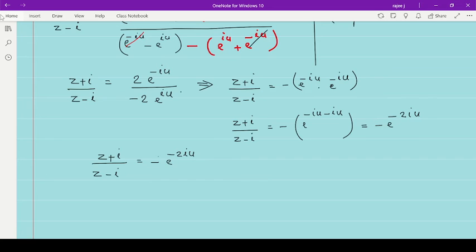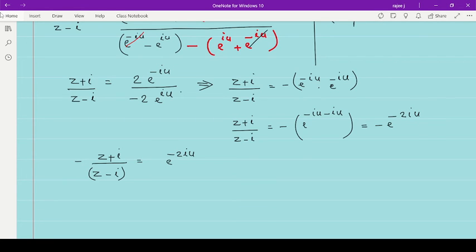Now see this negative sign, negative means minus 1, I am taking here. Or you just multiply LHS and RHS with a negative sign. If negative is here, I am multiplying this with a negative sign, here also a negative sign is multiplied. So minus minus becomes plus here.